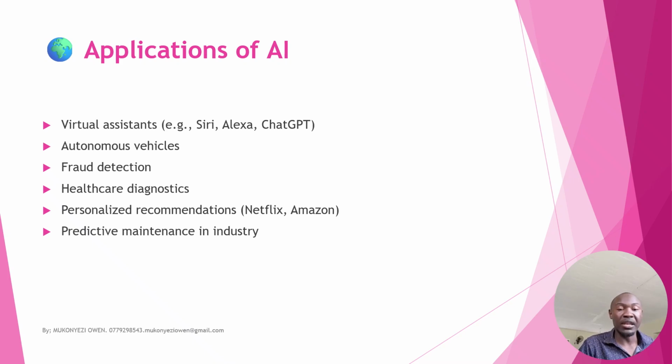These make recommendations on the movies that you should watch, the songs that you have to listen to, and others. Then we have predictive maintenance in industry. In industries, they come up with different equipment. So AI can also be applied in predicting the time when an equipment will need maintenance.